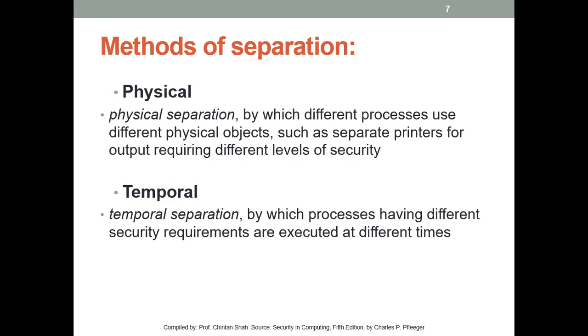Now, when we speak about the methods of separation, we are going to start with the first one, which is called physical separation. What is physical separation? Physical separation is nothing but keeping different hardware units for different users. For example, during your exam file submission, you require multiple printers.